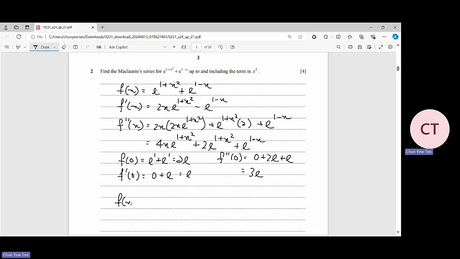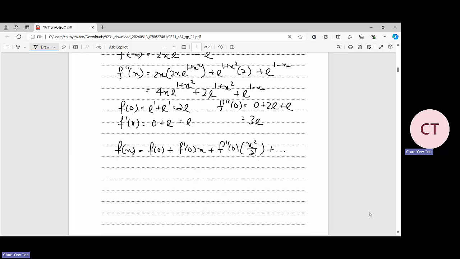So your Maclaurin series is actually equal to f of 0 plus f prime 0 x plus f double prime 0 x squared over 2 factorial and so on. Okay, so we just put in the values.